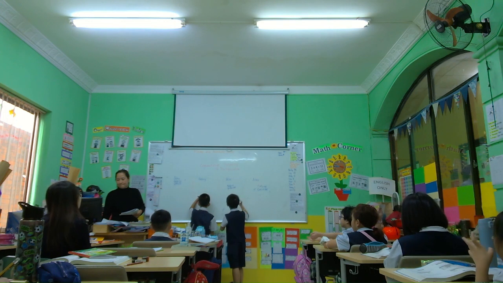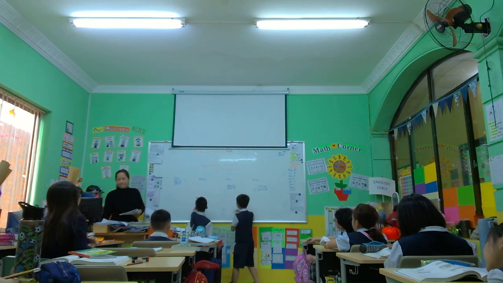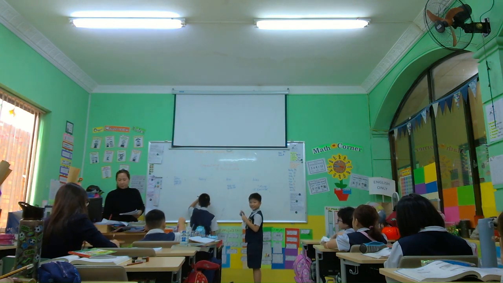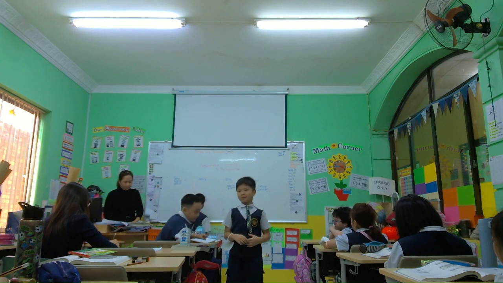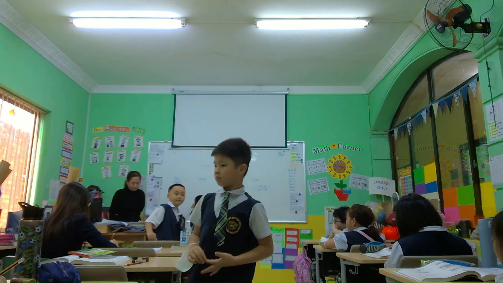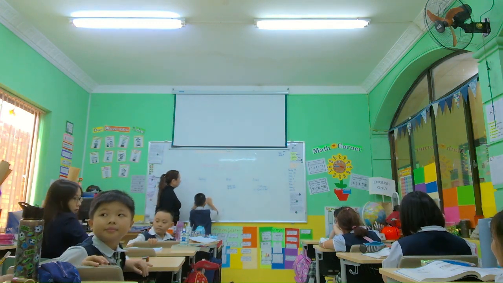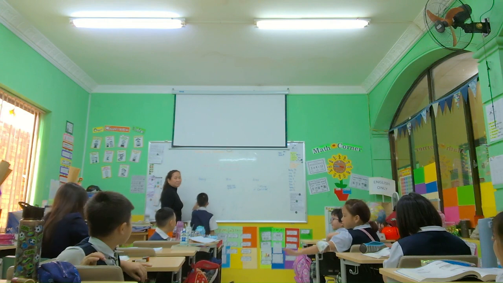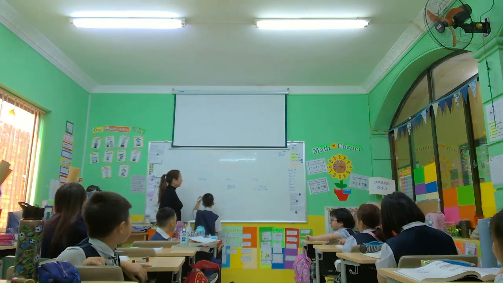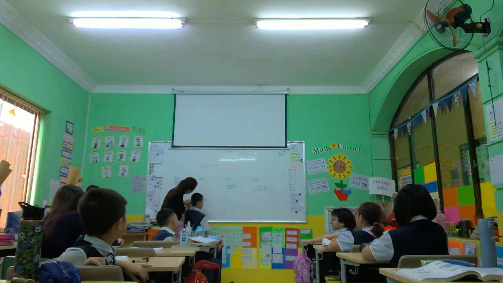Wait, you choose a very difficult one and then you make a mistake, okay? I did Henry. 1 times 1 equals 1.